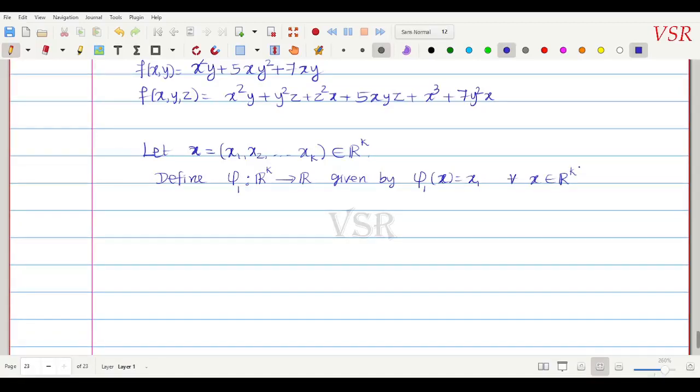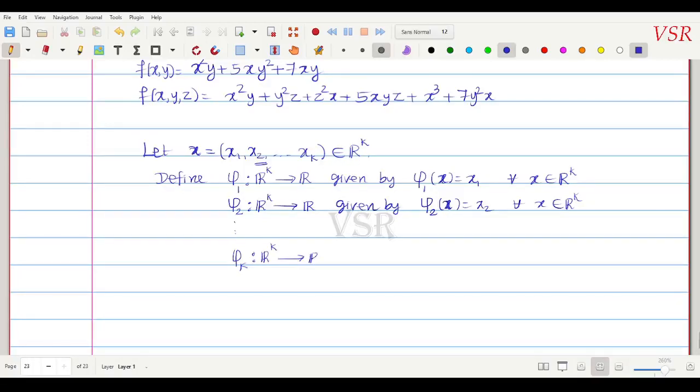இதே மாதிரி phi 2 அப்படின்னு ஒரு ஃபங்க்ஷன் டிஃபைன் பண்றேன். This is a function from r power k ல இருந்து r போற மாதிரியான ஃபங்க்ஷன் given by I may write phi 2 of x vector which is equal to x2. Second coordinate கொடுத்துறோம். Okay, for every x belongs to r power k. இதே மாதிரி up to phi k is a function from r power k ல இருந்து r போற மாதிரியான ஃபங்க்ஷன்.